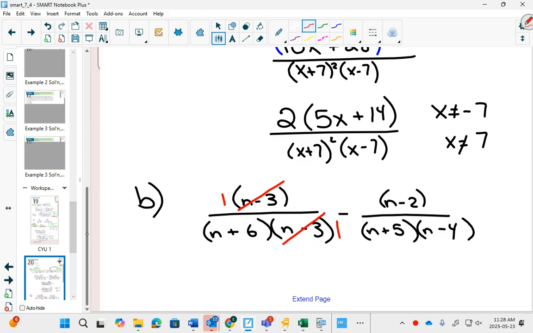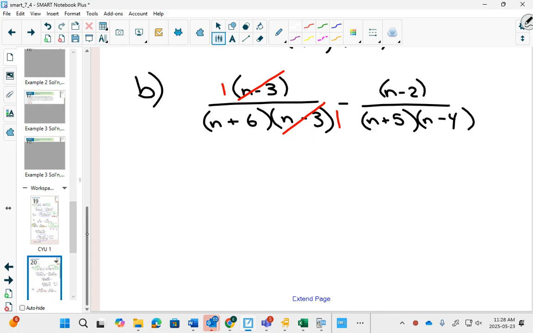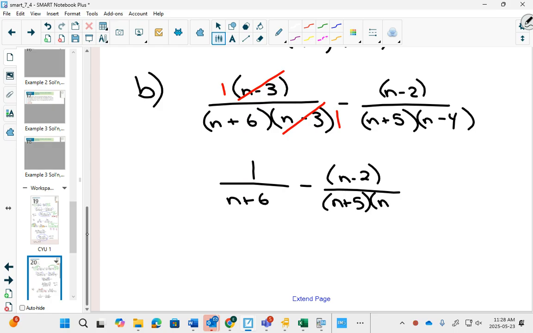And I'm actually going to take the time to rewrite this. So now I would have 1 over n plus 6 minus n minus 2 over n plus 5, n minus 4.